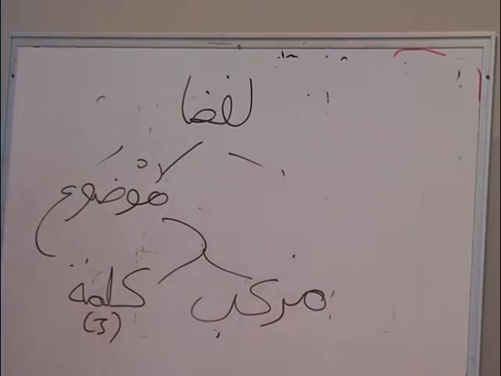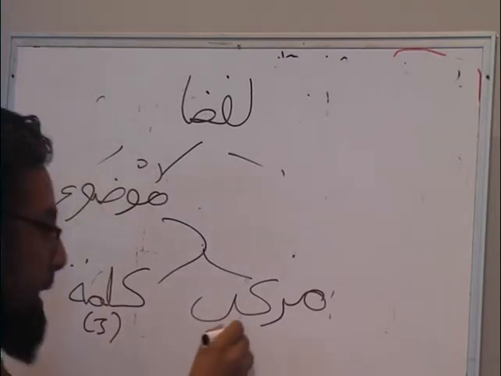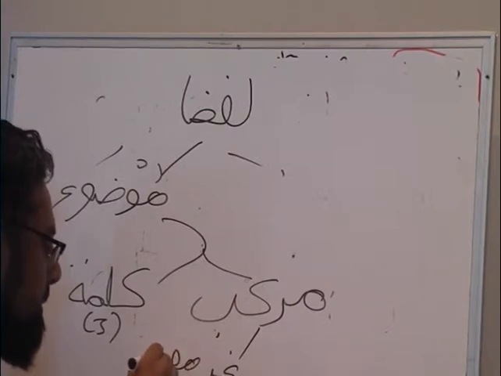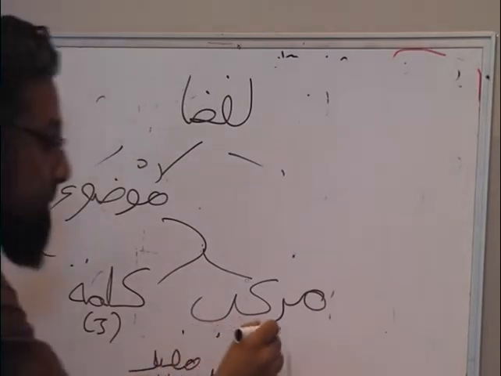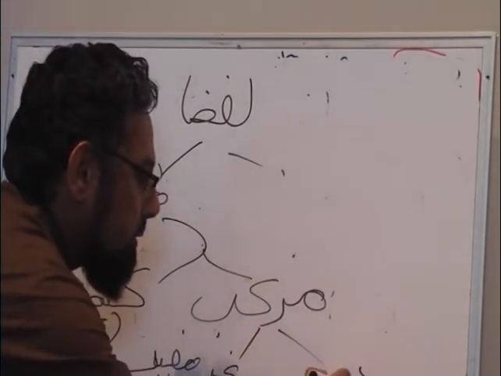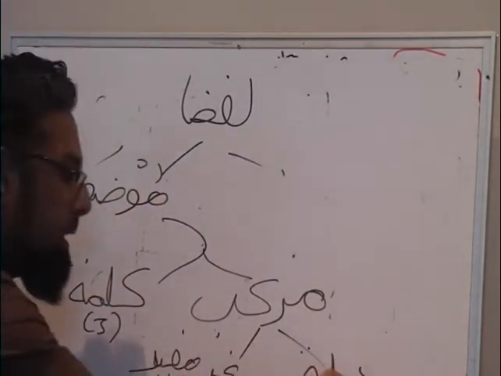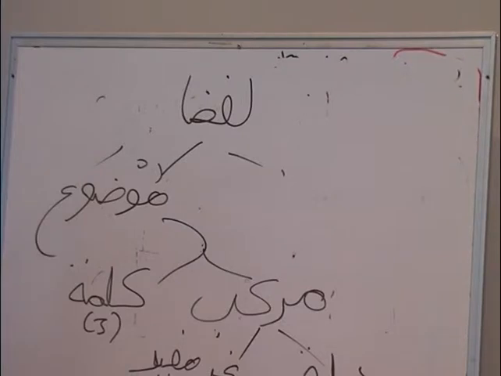And those combinations of words can be ghayr mufid or mufid or jumla. The idea here is that ghayr mufid is a phrase, and jumla or mufid, murakkab mufid, is a sentence.